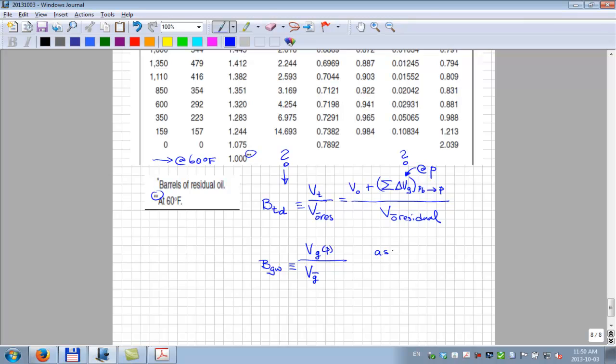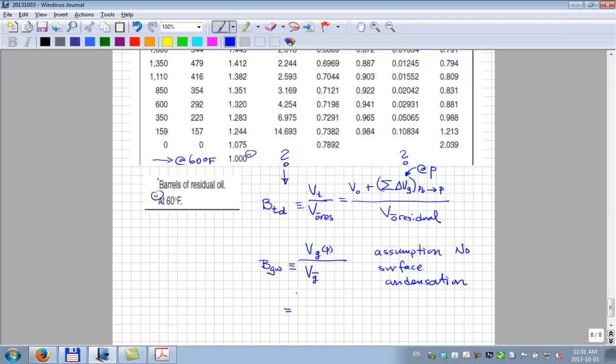under the assumption of no surface condensation. That means all of the gas that you start with at pressure ends up being a gas at the surface. It's usually a wrong assumption, but it's still a term that we use.